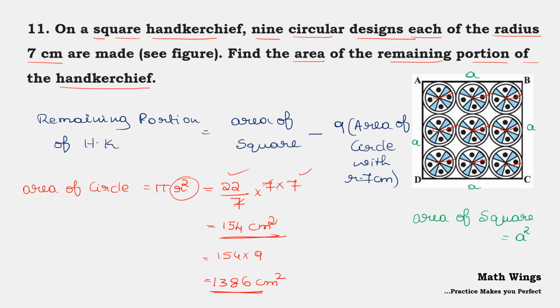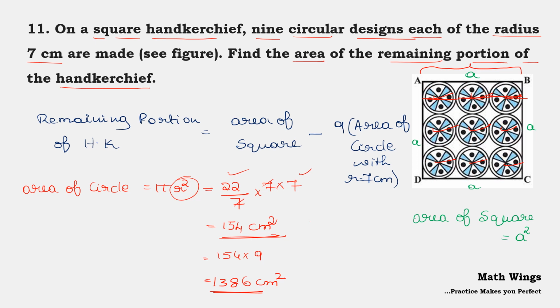But if we observe here, we don't know the length of the side of the square. So how will you find the length of the side of the square? Just observe that we have the circles which are touching each other. It means that if we add the diameters of the three circles, we can get the side of the square.